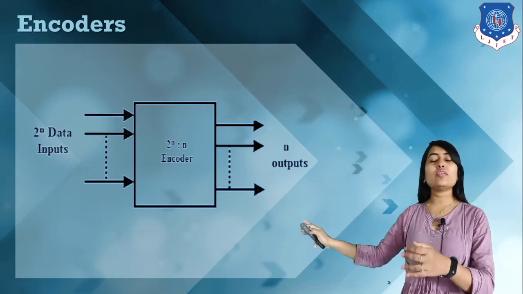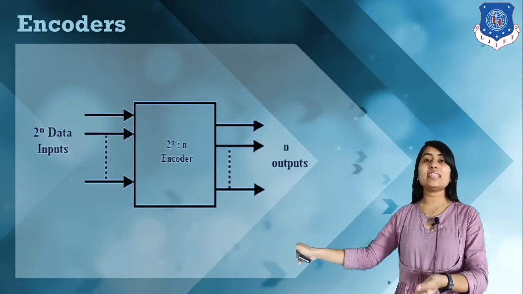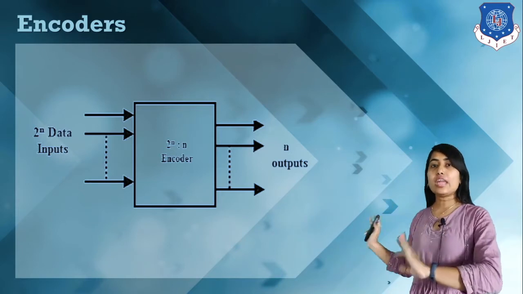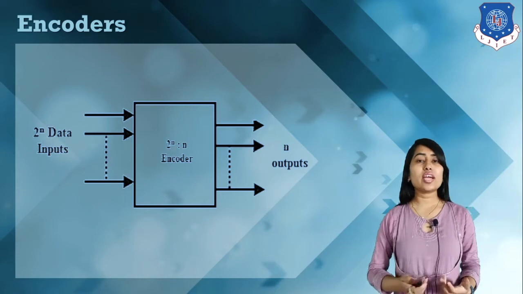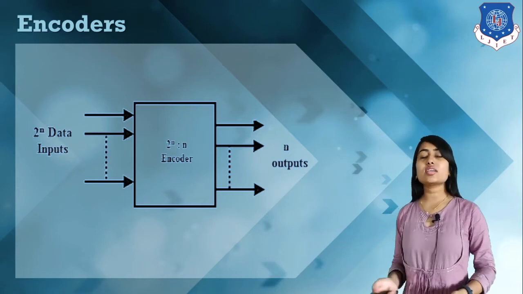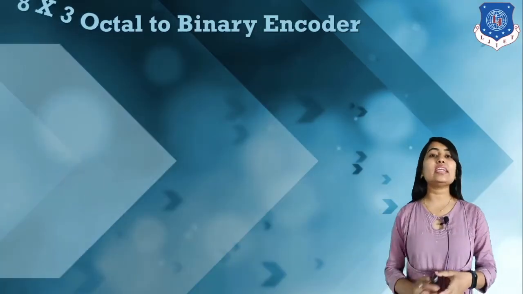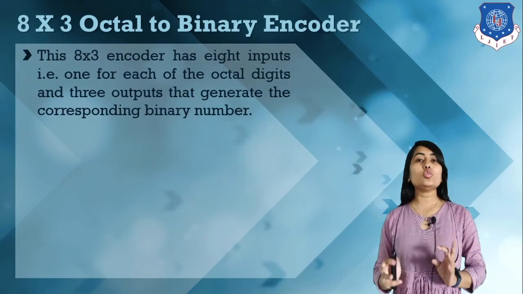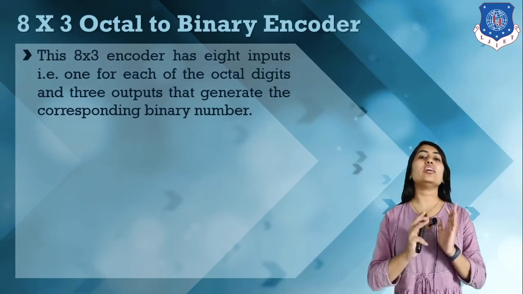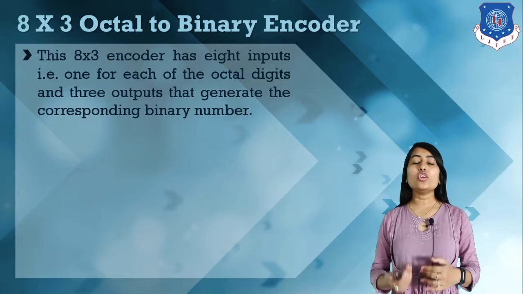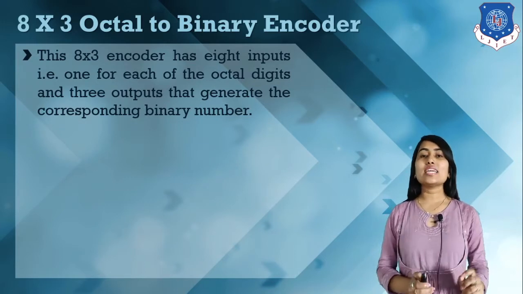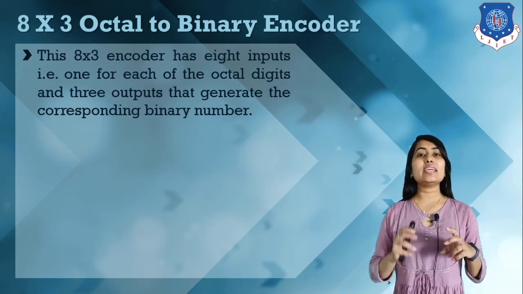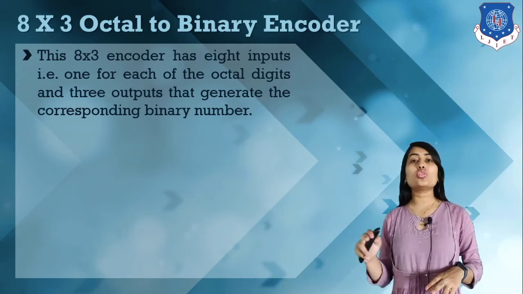Here we have 2 raised to n data, and this 2 raised to n data is encoded into n data. So there are different kinds of encoders, but here we discuss the 8 cross 3 octal to binary encoder. This 8 cross 3 encoder has a total of 8 input lines, and these 8 input lines are encoded into 3 output lines.